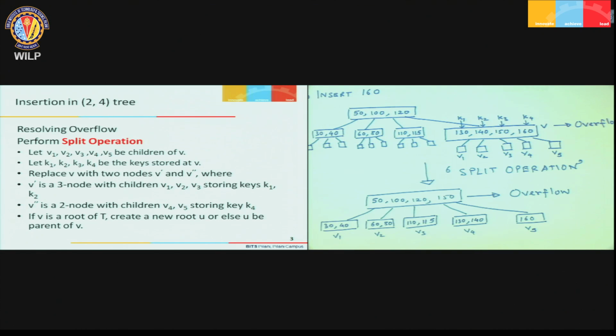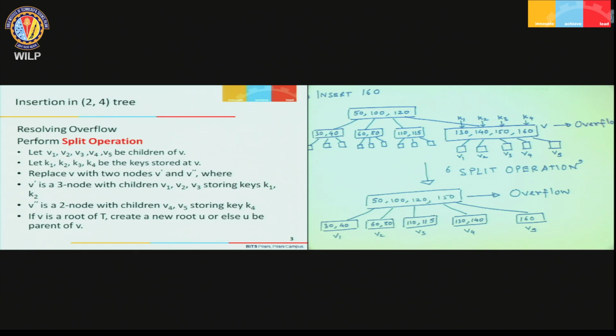It has 4 keys, namely K1, K2, K3, K4, and it has 5 children, namely V1 to V5. To resolve the overflow, we do what is called a split operation. We replace V with two nodes called V prime and V double prime. V prime is a 3 node with children V1, V2, V3, storing keys K1 and K2. V double prime is a 2 node with children V4, V5, storing key K4.